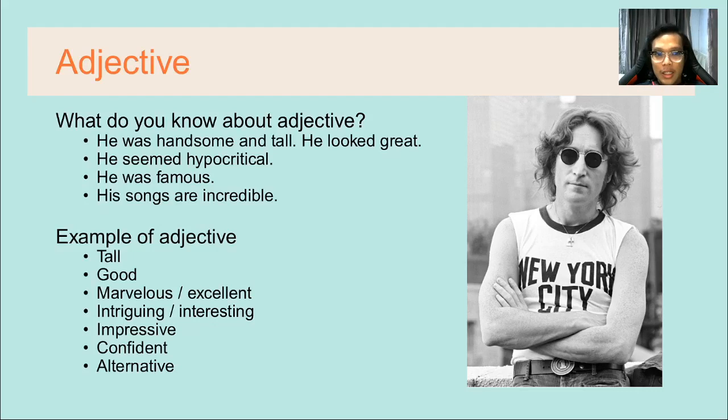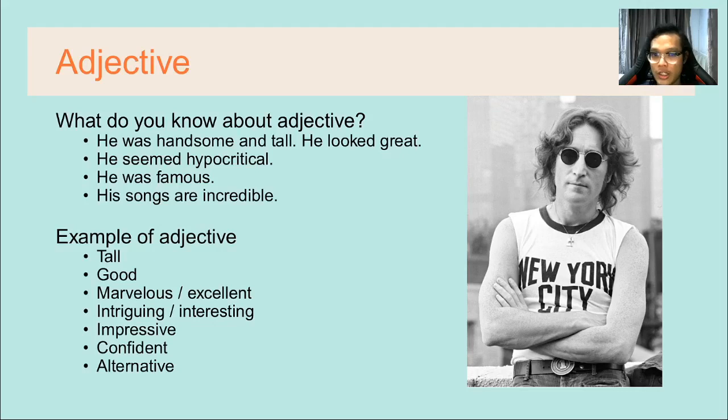So here is another adjective word, hypocritical, or you can say some easy word like famous. He is very famous. He was popular at the time. He was handsome. He was tall, right? So you look at the picture.